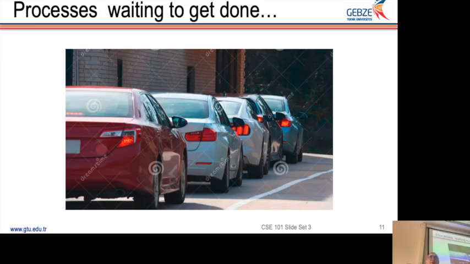When you click the program, for example, they are in the waiting queue. As they start, they are in the shop. Okay, so there is a waiting queue as well.